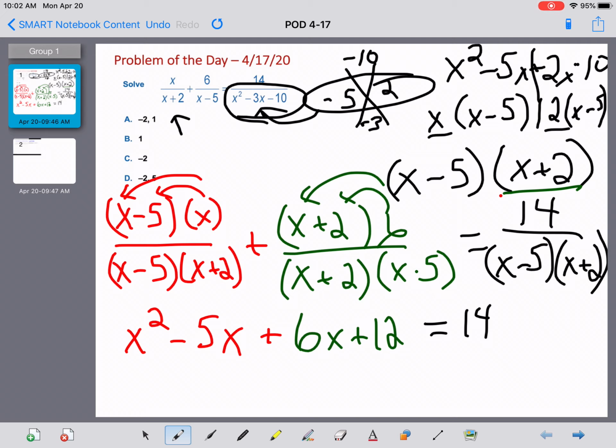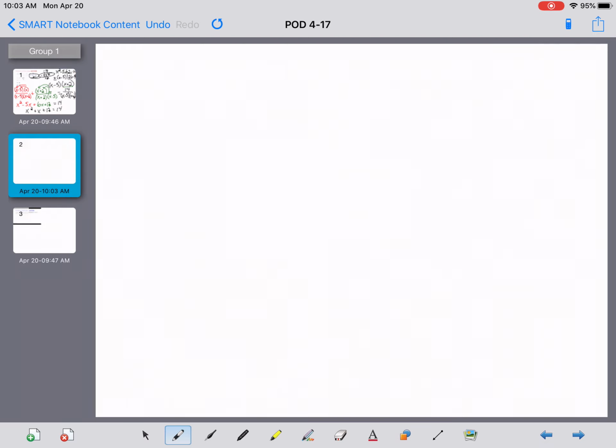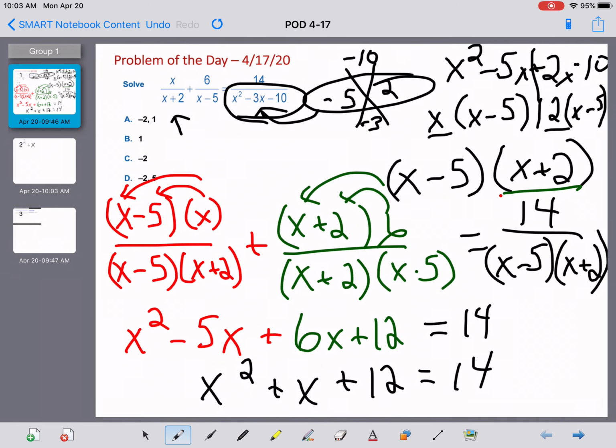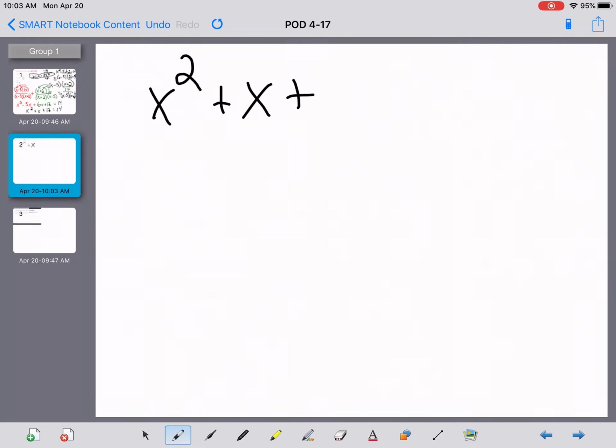So let's finish simplifying. X squared, we got plus an x plus 12 equals 14.